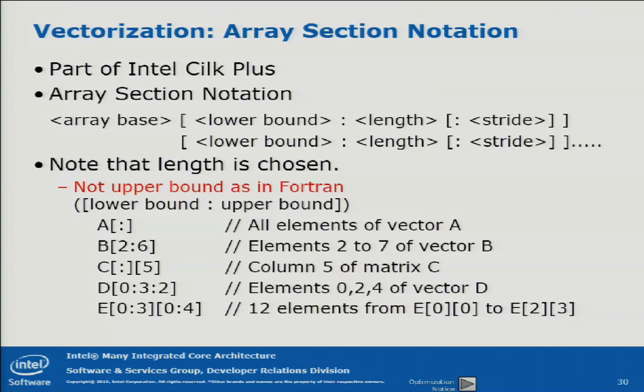So basically, the syntax is the same. The semantics are a little bit different. And so you can describe, for example, all the elements of vector A, all the elements from 2 to 7, or elements starting from 0 to 4. That's 3 elements with a stride of 2. Okay?